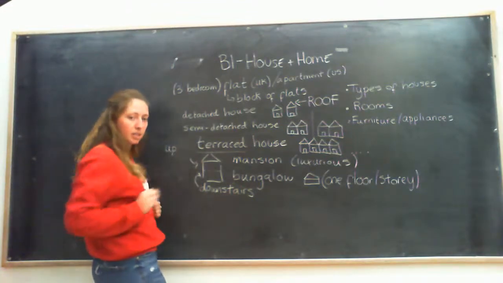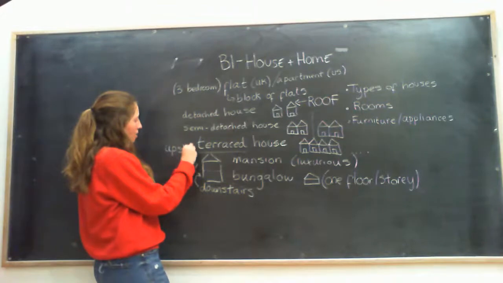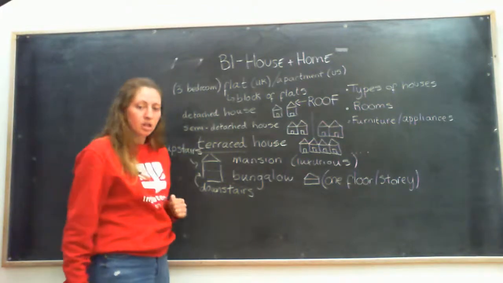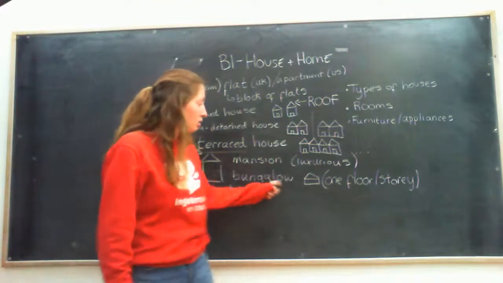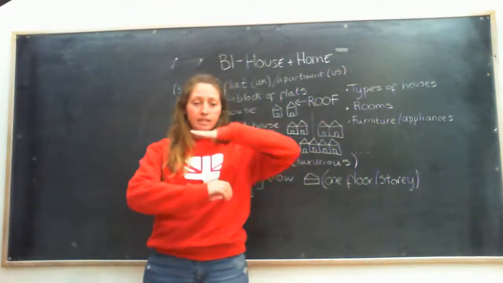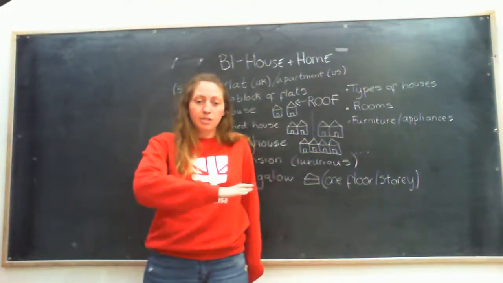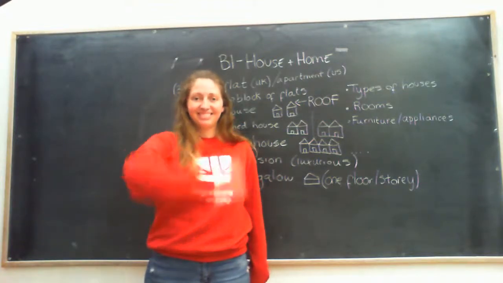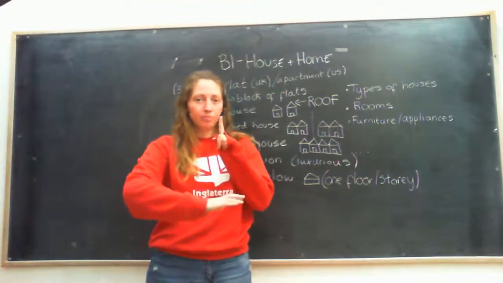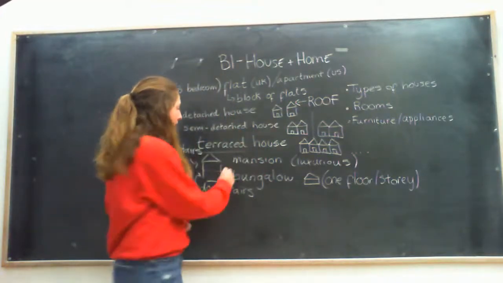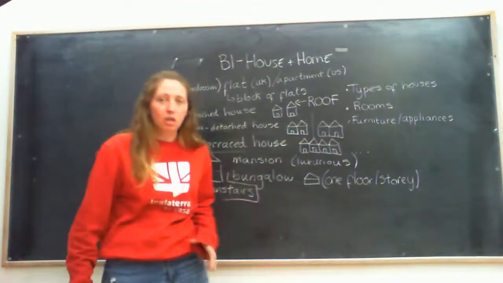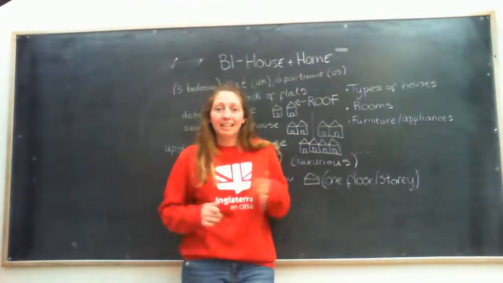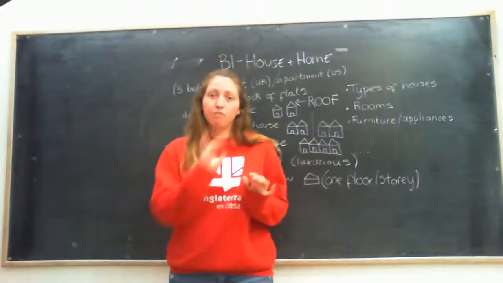Okay, downstairs, upstairs. But in a bungalow, you don't have upstairs and downstairs. You only have the downstairs. Downstairs, 1 floor. Okay, that is a bungalow. Also, typically in England, you might have older people living in a bungalow, so they don't have to walk up the stairs.